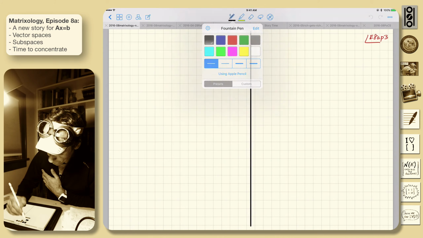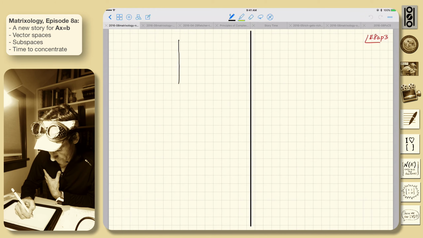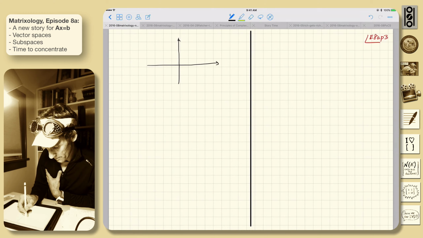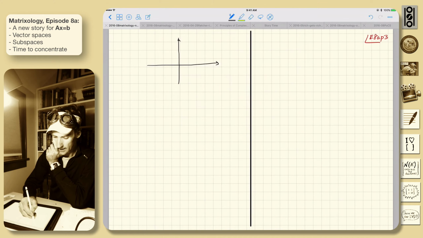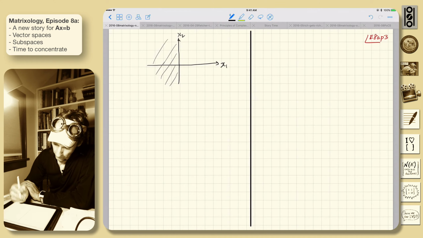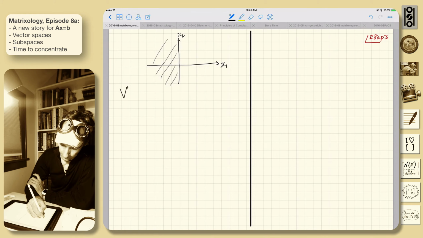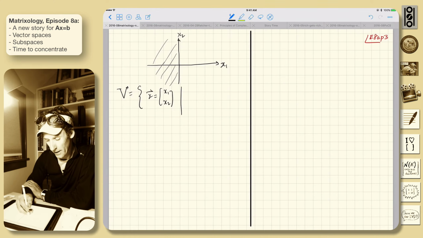Okay, so try this one. Think about this for a second, but I will blather the answer. So let me write it like this. We're going to gray out this part. So it will be this, and this is x1 and x2. I'll claim it's a vector. So it's all vectors x1, x2 such that x2 can be anything.